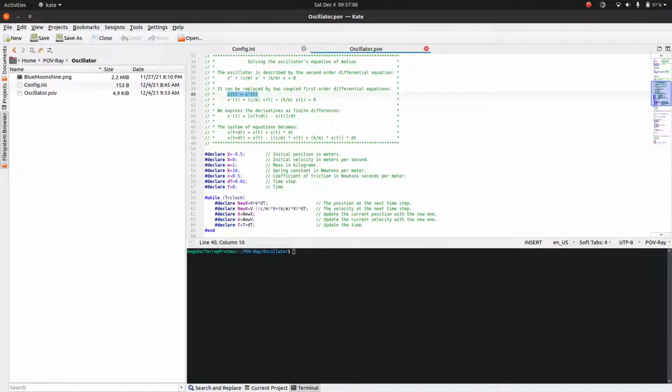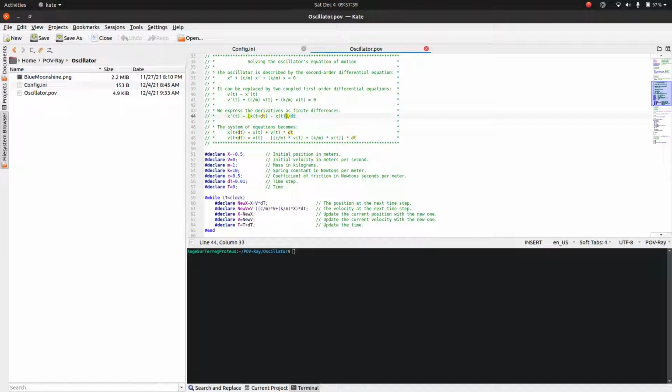And now, in order to solve this numerically, it's very easy. All we have to do is to use the definition of the derivative. So for the position, the definition of the derivative is that we take the position at a time step later, an infinitesimal time step later than the current time. We subtract the position at the current time and we divide by the infinitesimal time step.